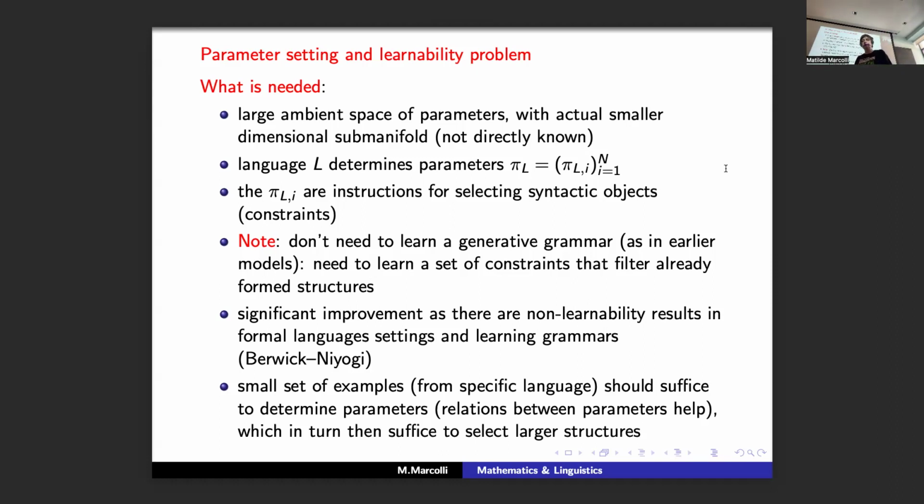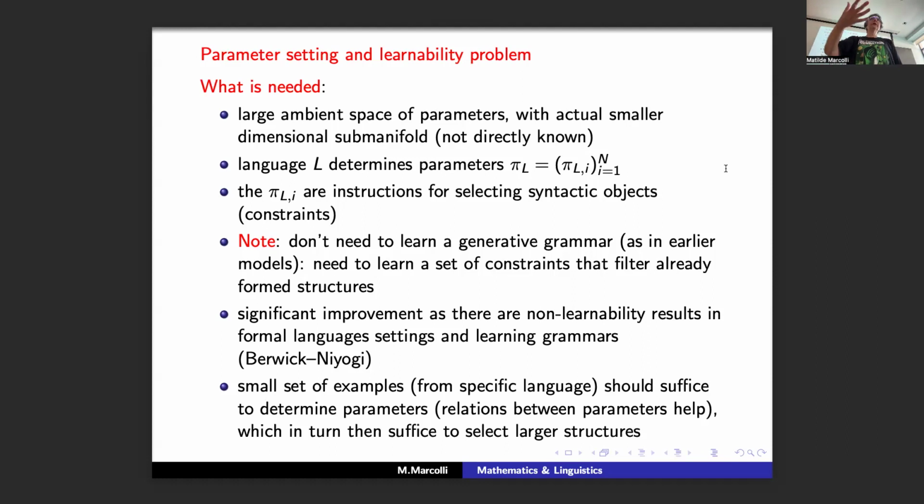One point that's useful with respect to this new model of generative syntax is that in earlier models based on formal languages, the process of parameter setting was aimed at learning a grammar that would produce one particular language as opposed to another.